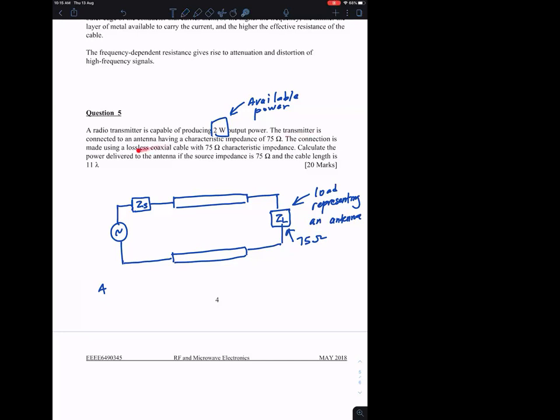The transmitter is connected to an antenna having a characteristic impedance of 75 ohms.